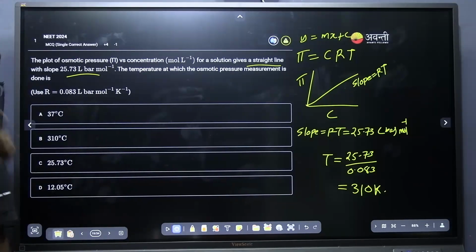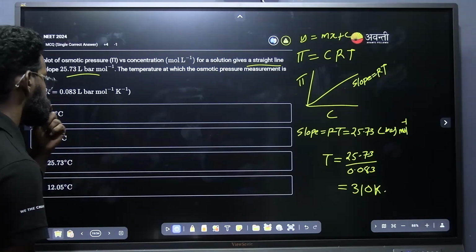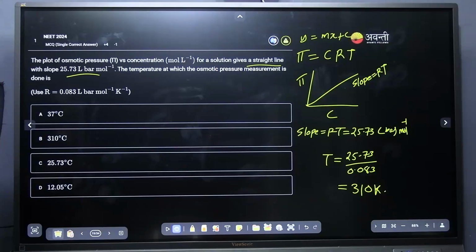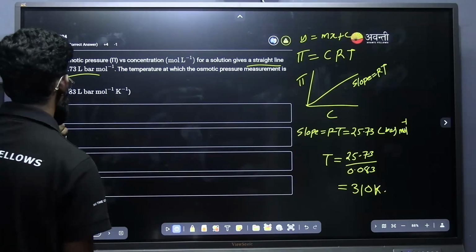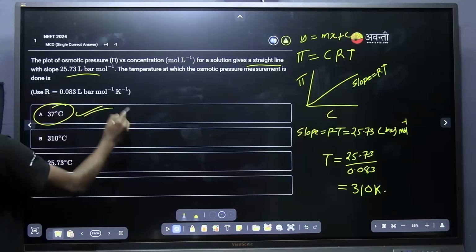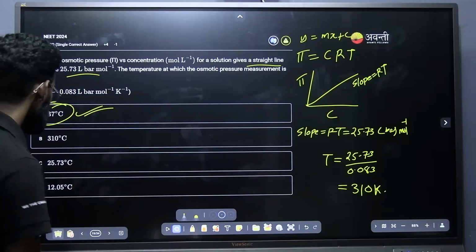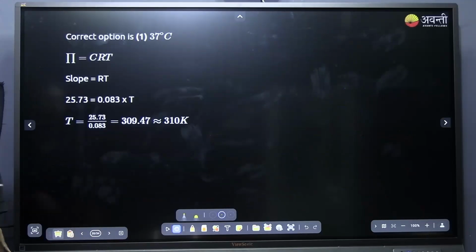So 310 Kelvin means the temperature is coming around 37 degrees Celsius. I think this is the answer. So this is how we can solve this type of question. And next we will be moving to the next question.